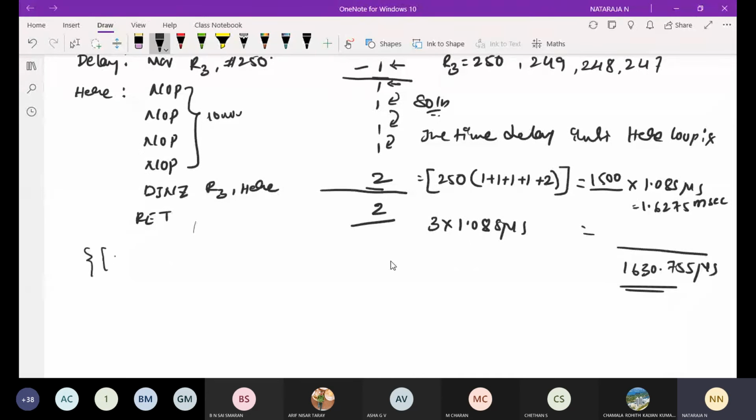The same equation: 250 into 250 into 1 plus 1 plus 1 plus 1 plus 2 plus 1 plus 2 into 1.085 microsecond. You get the same 1630.755 microsecond.